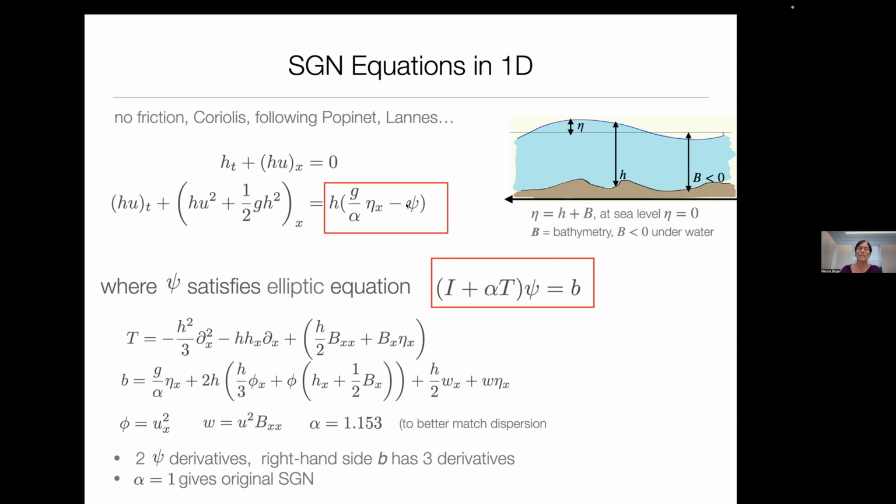Psi satisfies an elliptic equation here with really complex terms. The important thing is there are 2 psi derivatives. The right-hand side B has 3 derivatives. So it's tricky. Let's put it like that.